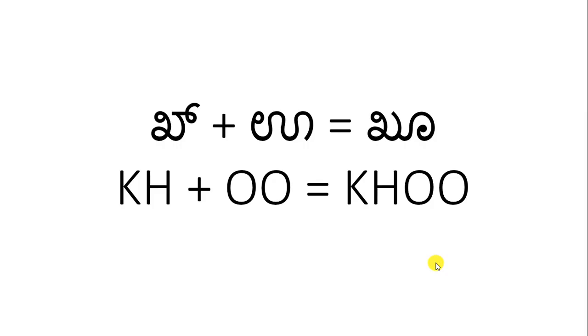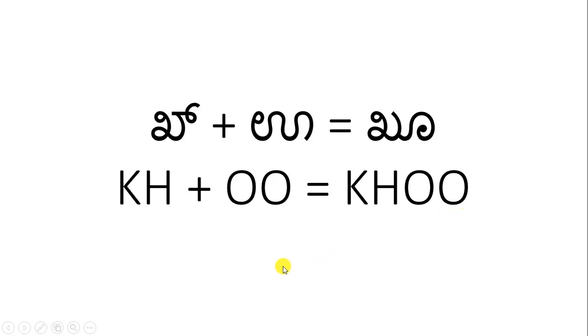The next one is Khoo. You are dragging the previous one a bit further. The previous one is Khu and this is Khoo. The way you get Khoo is by adding oo to Kh. Kh plus oo will get you Khoo.